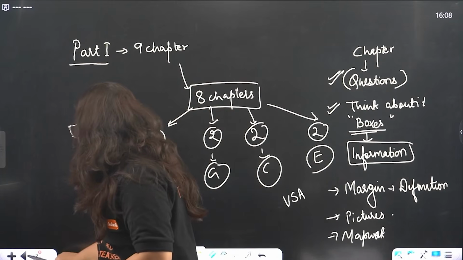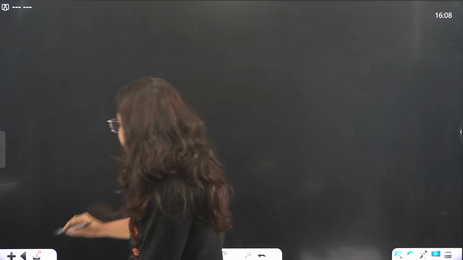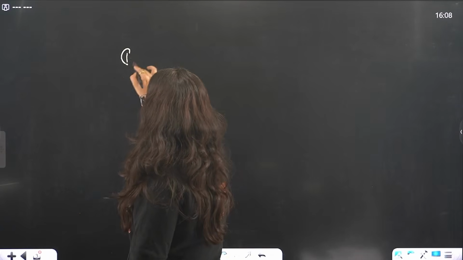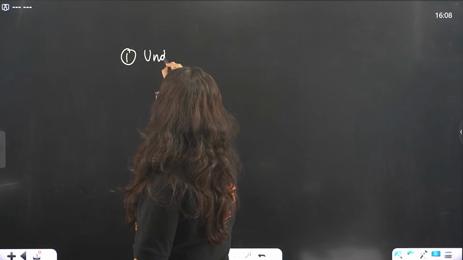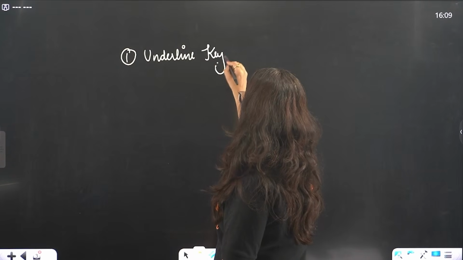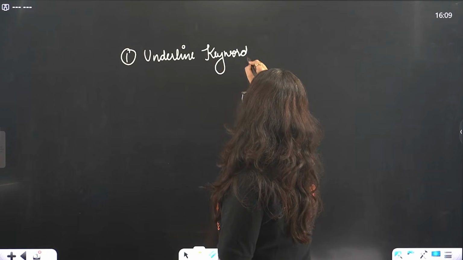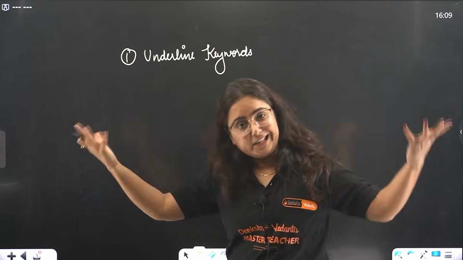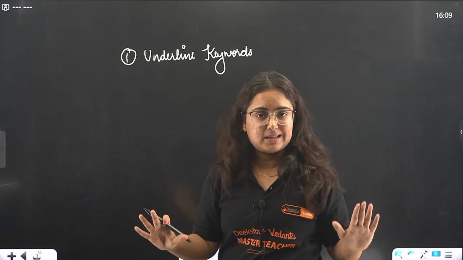Some more pointers which I need to tell you at the end of the video, beta, see, the first thing that you need to do is to underline the keywords. Okay, underline what? Keywords. If you feel that ma'am, what are keywords, I already uploaded a video telling you what keywords are.